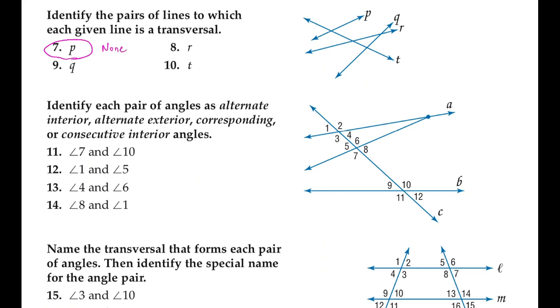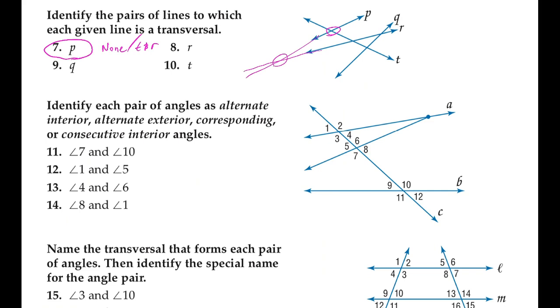But since these lines aren't parallel, this line will extend and P will hit it somewhere. So if these lines aren't parallel, you could really pick any two and it's a transversal. So it's not shown to be any, but you could definitely say P crosses T and then it will cross R. So you could say T and R. Right? So either one of those answers might be good there.